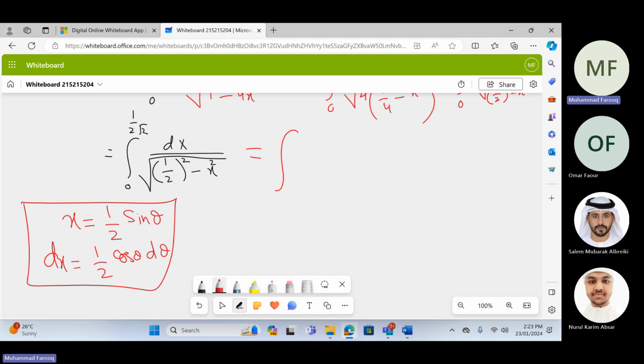So integrate, dx is 1 by 2 cosine theta d theta, divided by the square root of 1 by 2 squared minus x, which is 1 by 2 sine theta, squared.